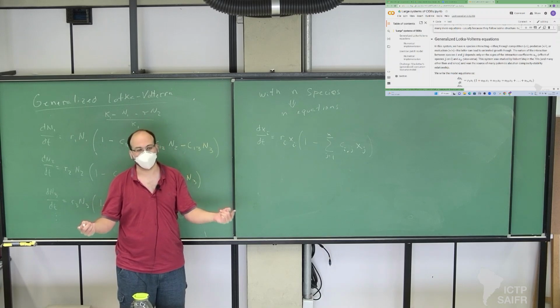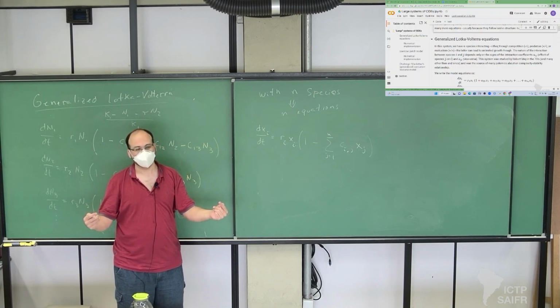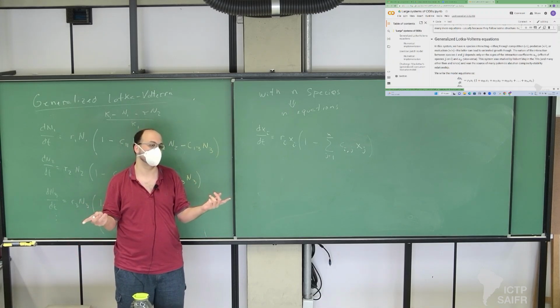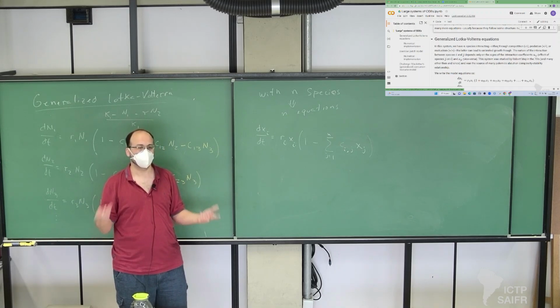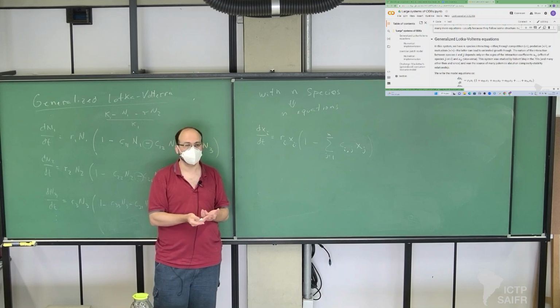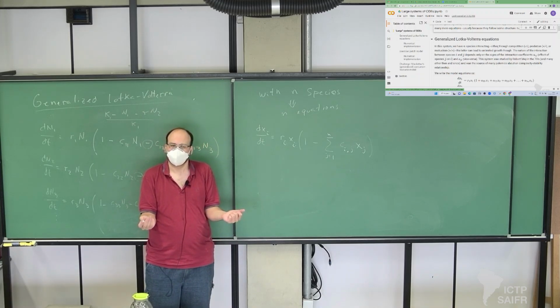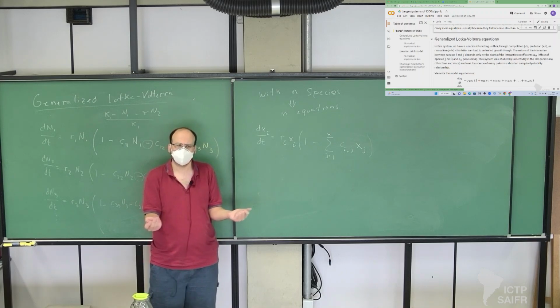If both have negative signs, this is competition. If one is positive and the other negative, one predates the other. So the sign is determined by the kind of interaction, and any combination of signs is possible. I'm not so sure I understood the question.